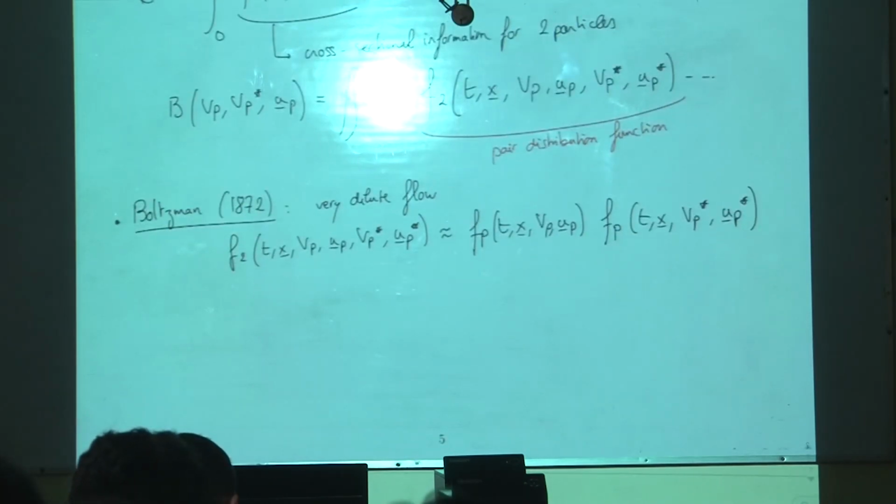So that's essentially throwing out the door all types of particle correlation. We're saying that all particles evolve independently of one another.